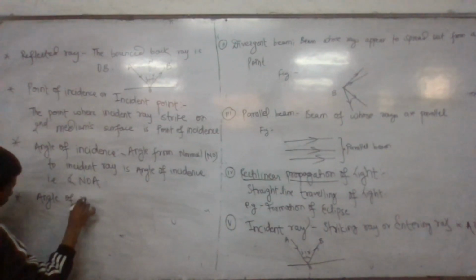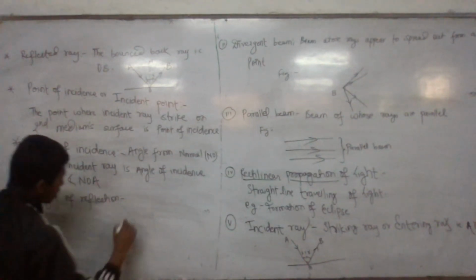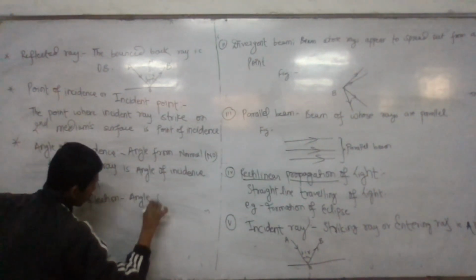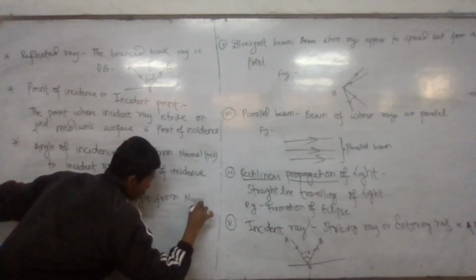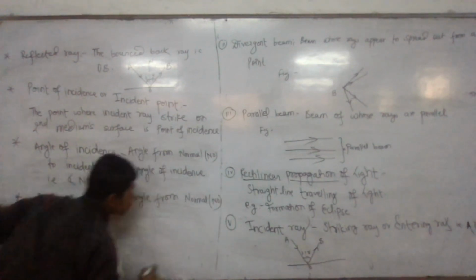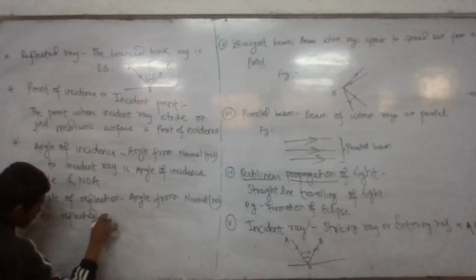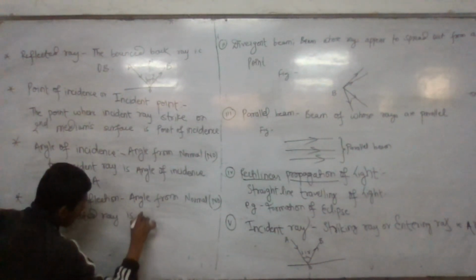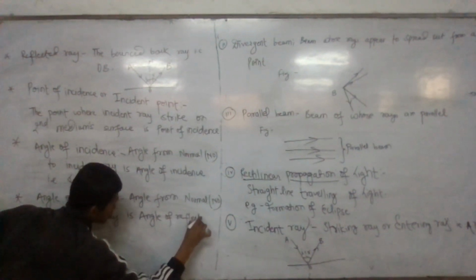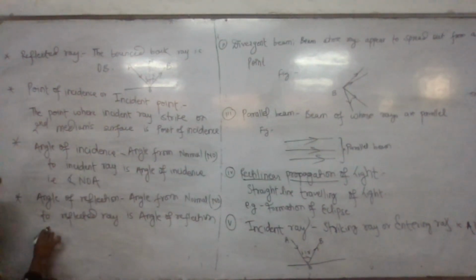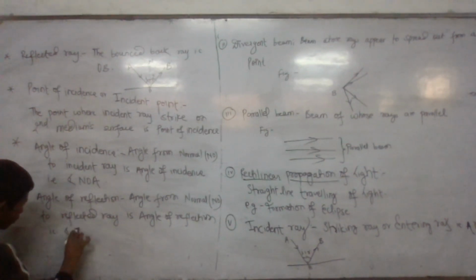What does angle of reflection mean? The angle from the normal to the reflected ray is the angle of reflection, that is the angle between the normal and OB.